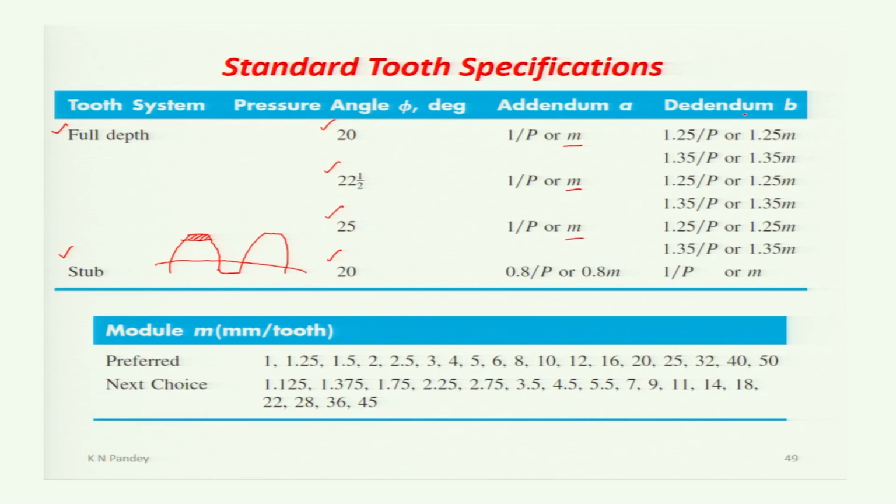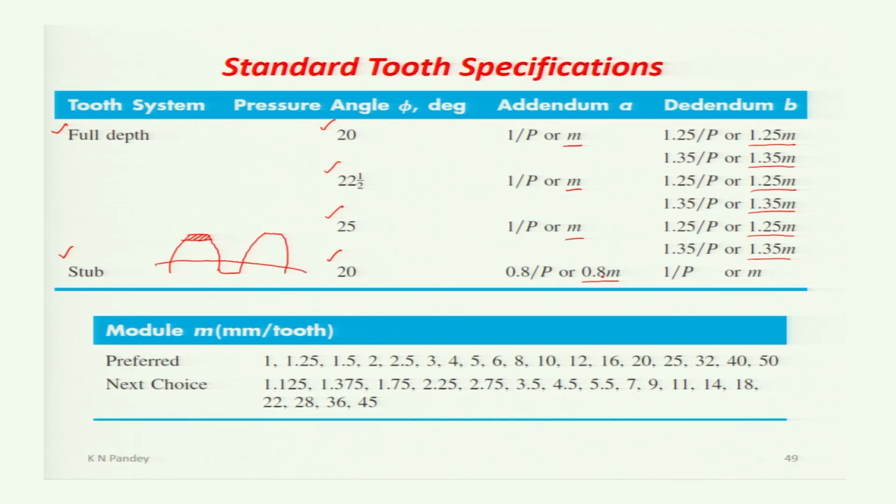And standard dedendum is 1.25 m or 1.35 m for the pressure angle 22.5, and for the pressure angle 25 degree again 1.25 m or 1.35 m. For the case of stubbed tooth system, the addendum is 0.8 m.